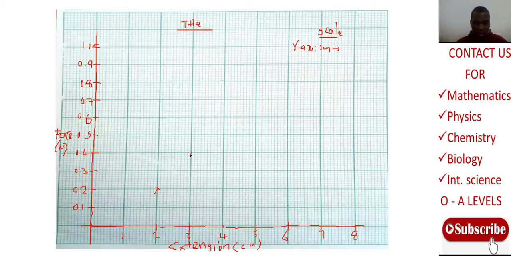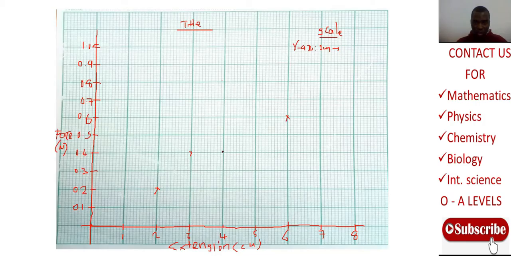So this is the one here, 4, 0.4. And the next one we have is 6, 0.6. So 6, 0.6. This is the point here.